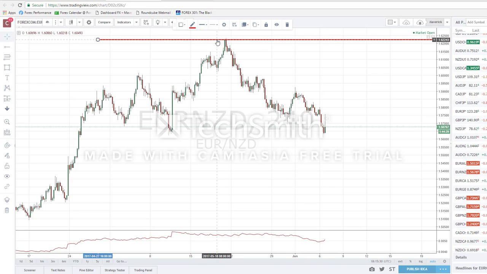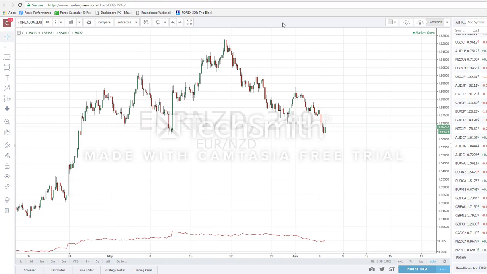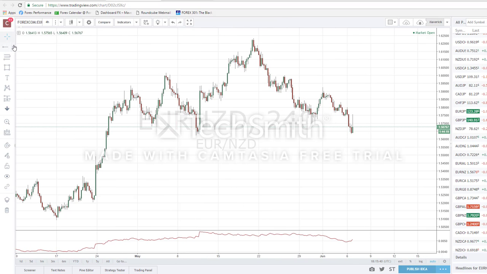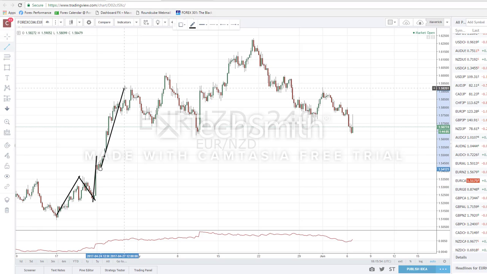These areas can be broken, but essentially what they are is guidelines and floors and ceilings that price bounces between as it moves around. So as you can see here, price tends to move up, hits resistance, comes down, hits support, goes up, hits a little bit of resistance here, moves sideways a little, finds a little support under there, then shoots up again, and price continues to move this way.